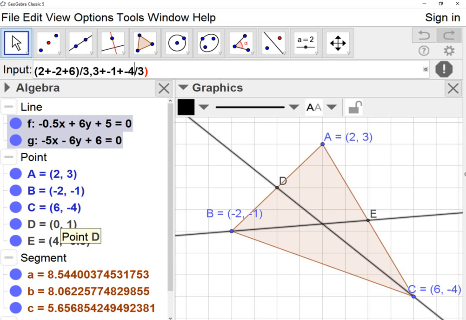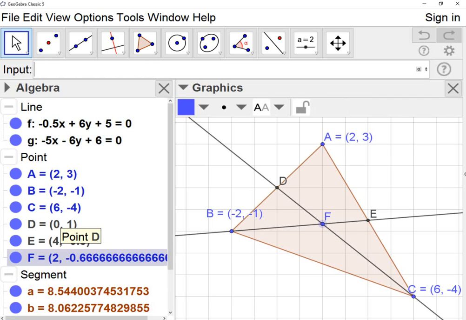Okay, so I got to put some extra parentheses around here. And when you do that, where does that point show up? Shows right there where those two lines intersected, right? So taking the x's of the vertices of your triangle, add them together, divide by 3. Take the y's of the vertices, add those together, divide by 3, and it will give you point F here, which is your centroid. Does that kind of make sense? Okay.